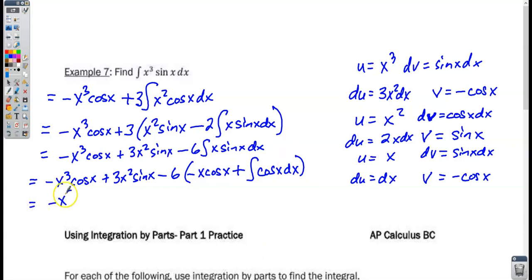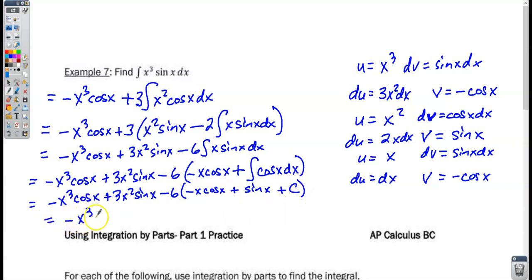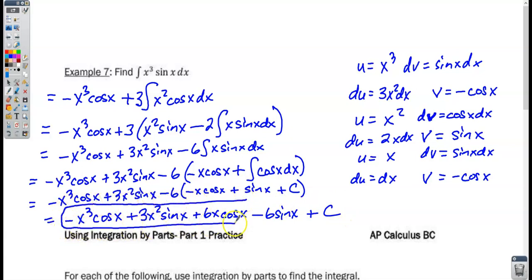And then the integral of cosine of x is just sine of x plus my constant. The last thing I'm going to do is distribute the minus 6 to get rid of those parentheses. And boom, there's my integral of x cubed sine of x.